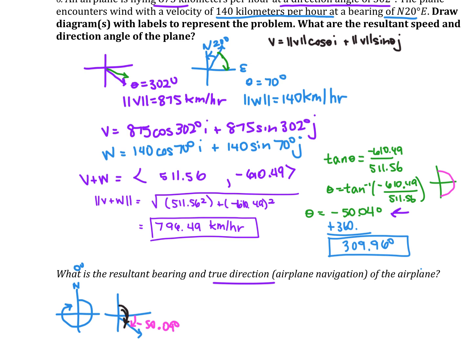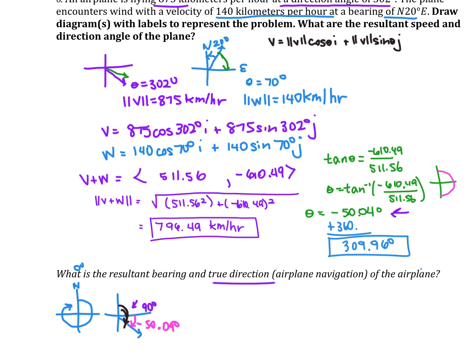And so what I could do, this is 90 degrees. I can think quadrant 1 is 90 degrees. And think about this instead as negative 50.04. I can think about that as a positive 50.04, just as a reference angle.